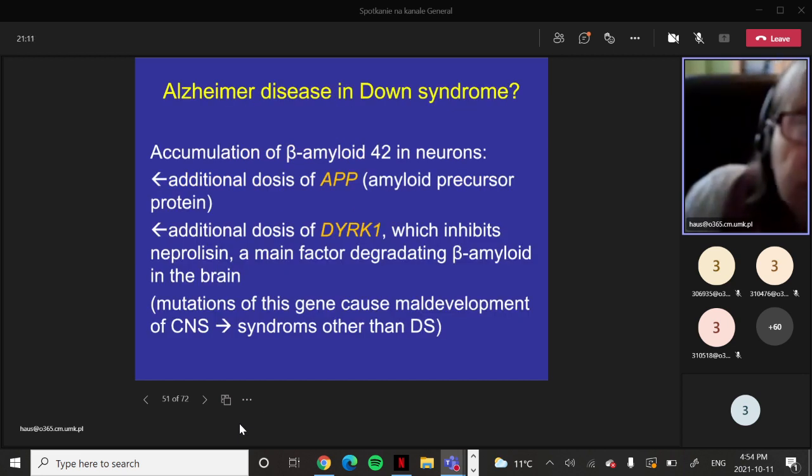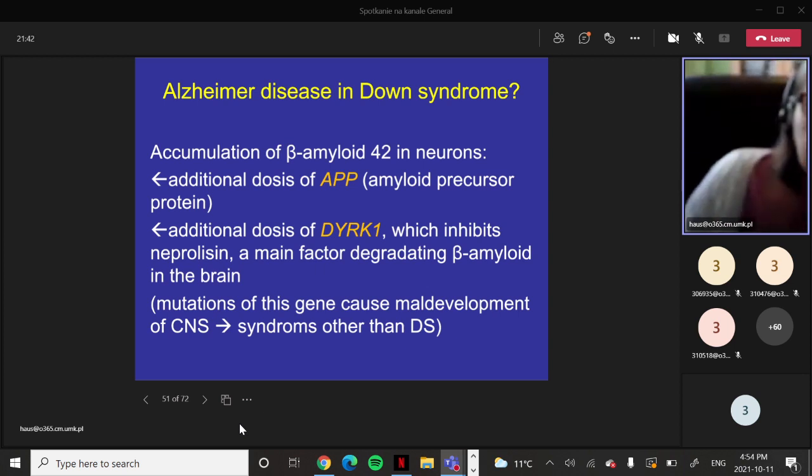And what about Alzheimer's disease in Down syndrome? There is an accumulation of beta amyloid 42 in neurons because of these additional doses of APP, and also because of additional doses of the gene called DYRK1A, also called the Down syndrome gene.